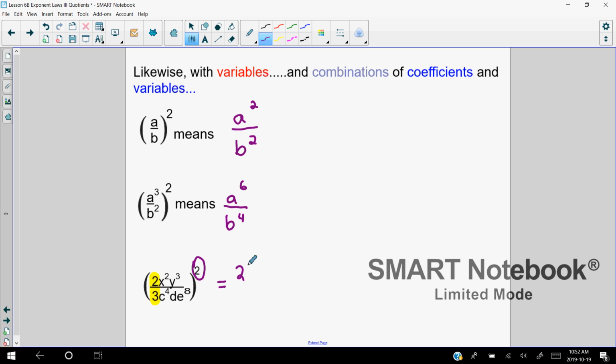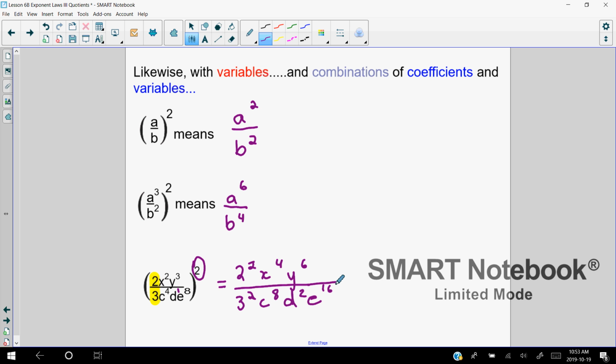So it becomes 2 squared x to the power of 4, y to the power of 6, and 3 squared times c to the power of 8, d to the power of 2, remember the invisible 1, and e to the power of 16. Okay, so that's as complicated as it will get. I know I went a little fast, so if you're having trouble with the power of a quotient law, make sure you let me know.